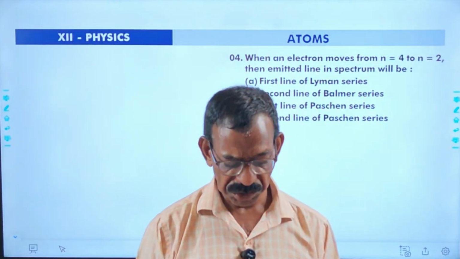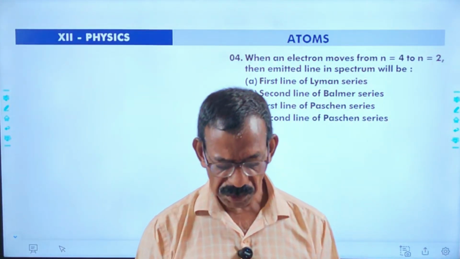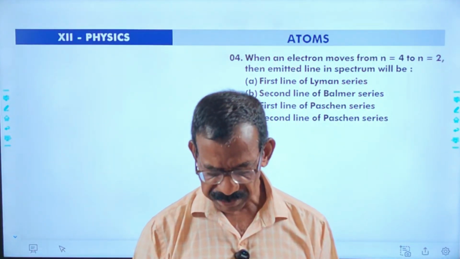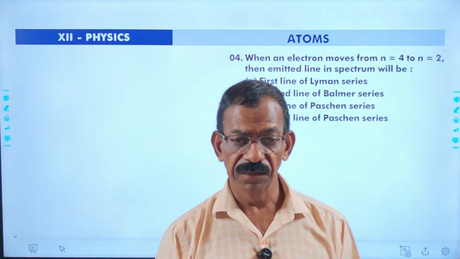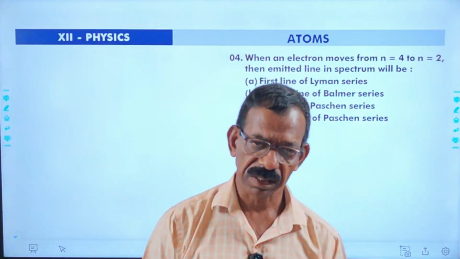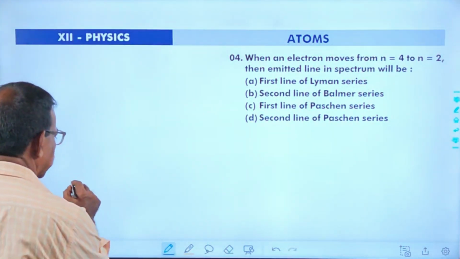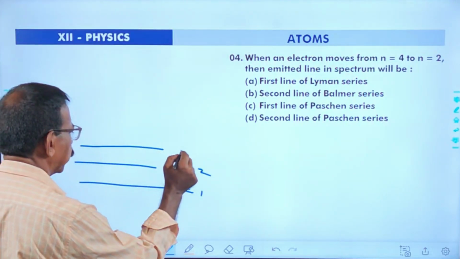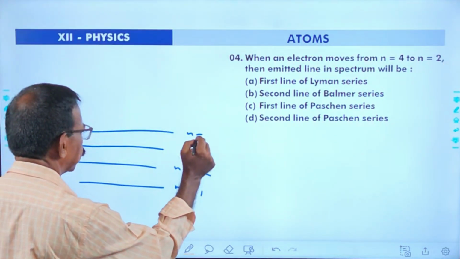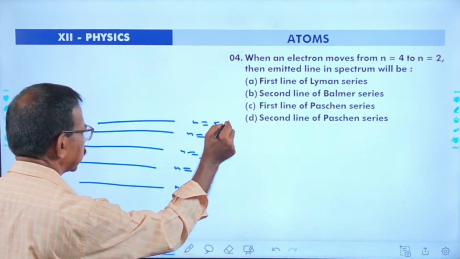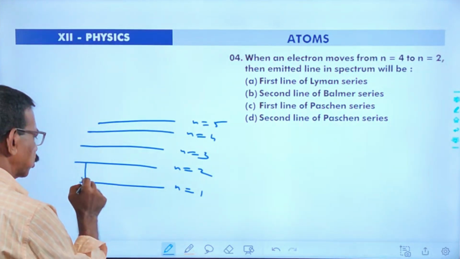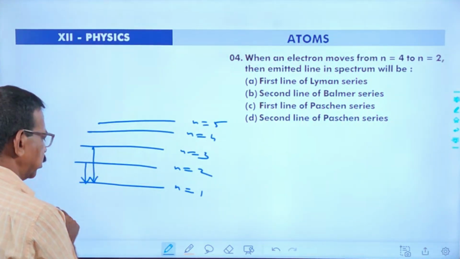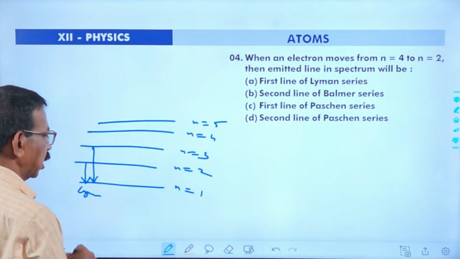Now the fourth question. When an electron moves from n equal to 4 to n equal to 2, which one is the emitted line spectrum? As you know, here it is n equal to 1, n equal to 2, n equal to 3, n equal to 4, n equal to 5, like this, the energy states. By falling to n equal to 1 we get the Lyman series, the first member and the second member of the Lyman series.